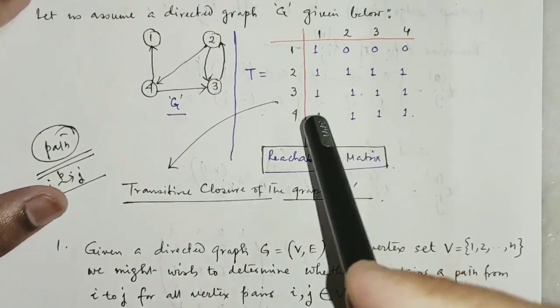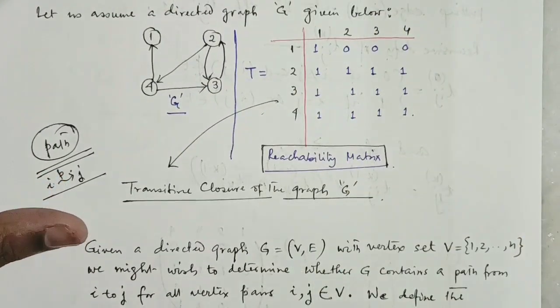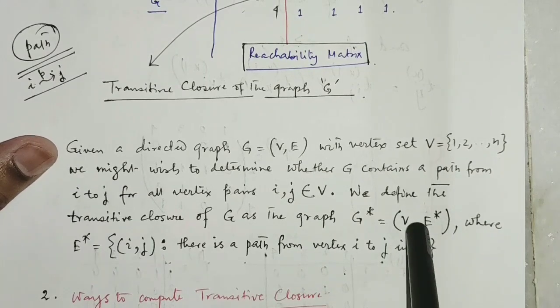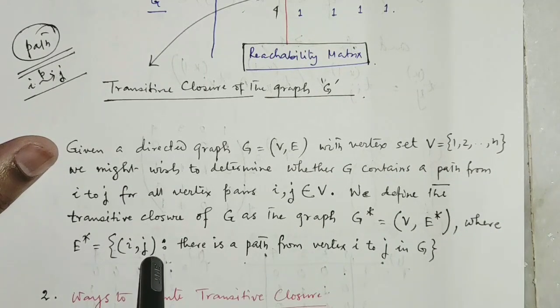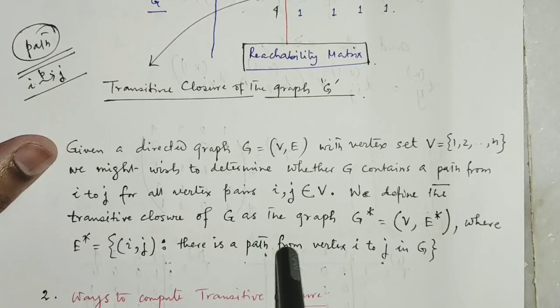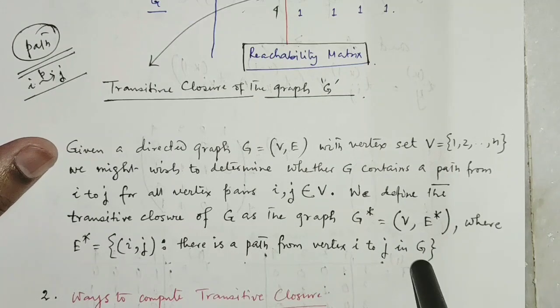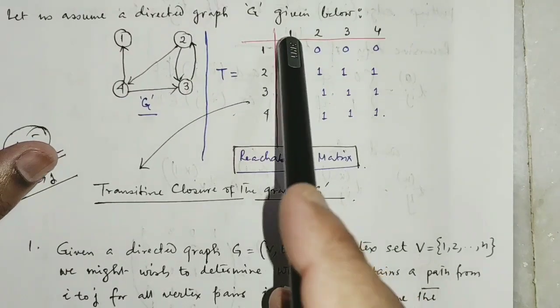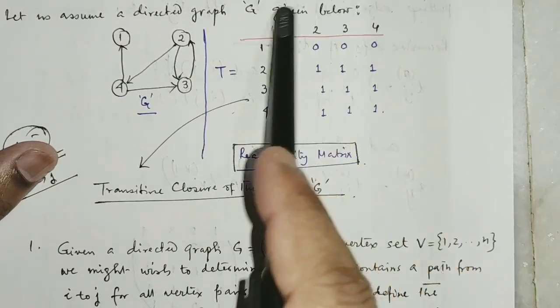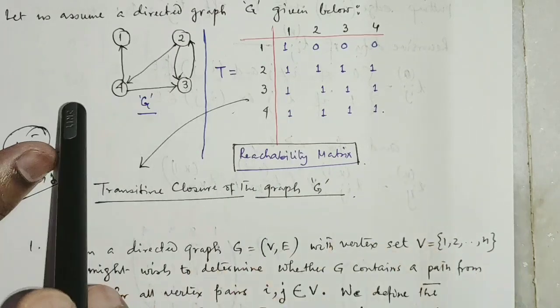That means in the transitive closure all vertices are present, but E star means the pairs (i, j) such that there is a path from vertex i to j in G. So the transitive closure is defined in such a way that you can put an entry 1 in the matrix which represents the transitive closure of the graph.